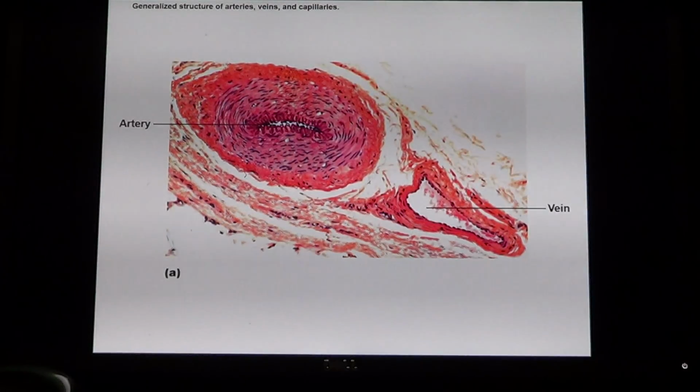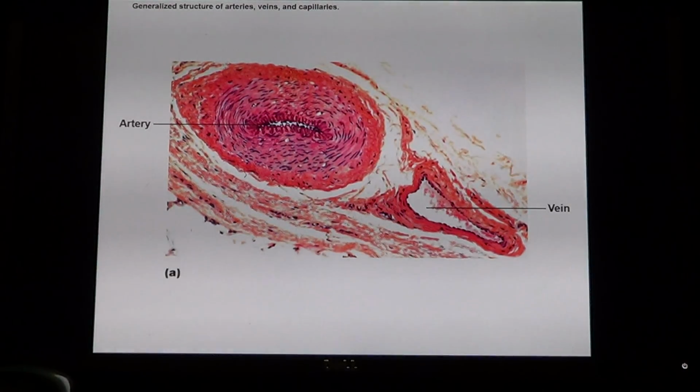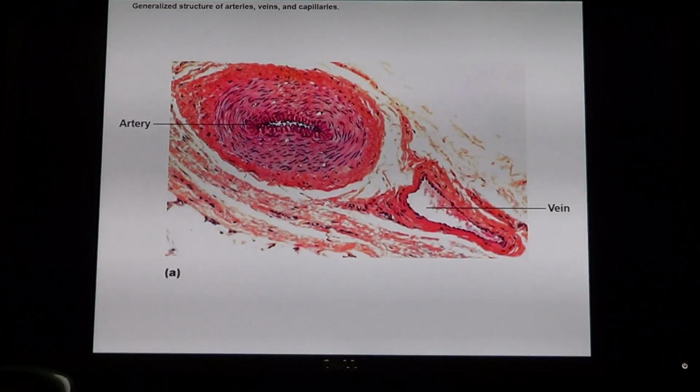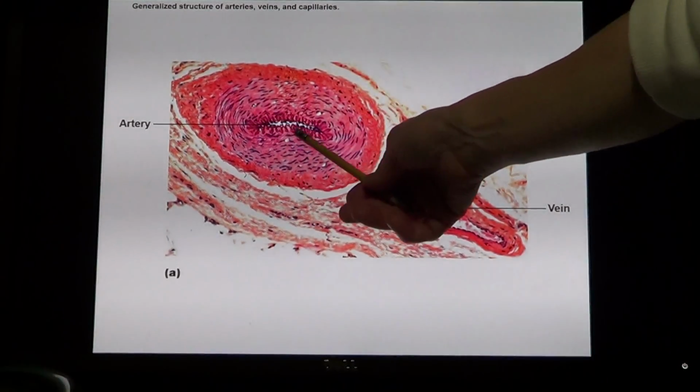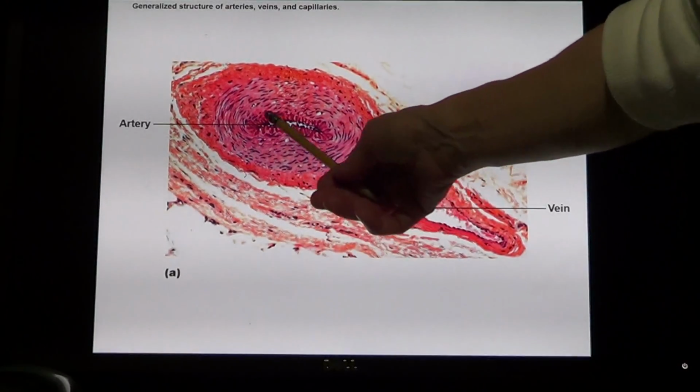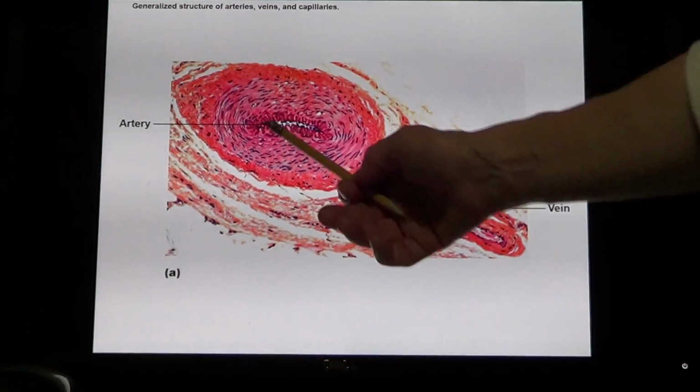So if you ever have any doubts about whether the blood vessel that you're looking at is an artery or vein, you look at the edges of the opening of the endothelial layer, tunica intima.